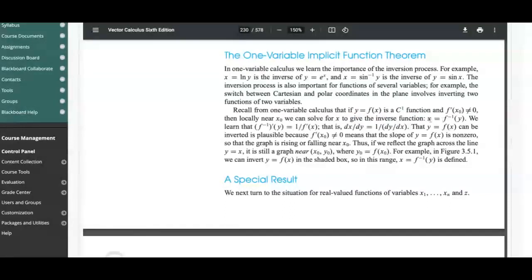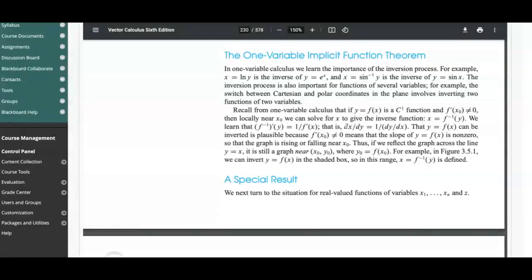Sometimes we can find the inverse of the function, otherwise we wouldn't be able to talk about it. If we can find the inverse of f, that means x equals the inverse, which takes y as input. Sometimes finding the derivative of the inverse function of f at a point is difficult, so we may use this method, which is 1 over the derivative of f, evaluated at the point.